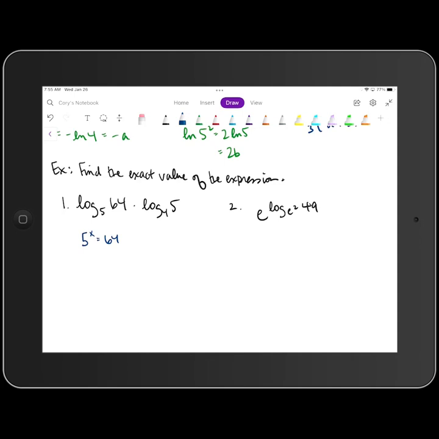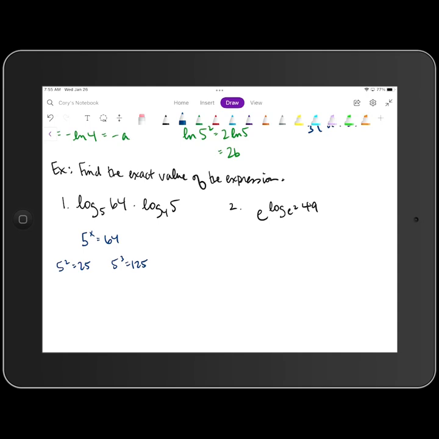Now, we know that 5 squared is 25, and 5 cubed is 125. So we know our x value has to be some numeric value between 2 and 3, but we don't know exactly what that numeric value is.